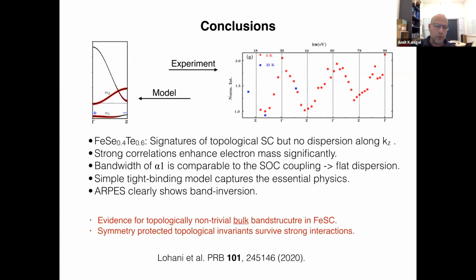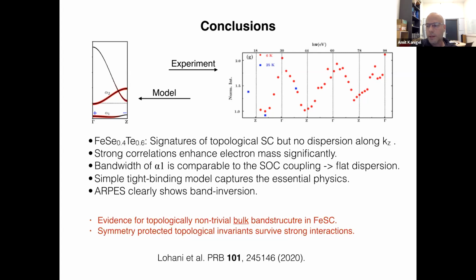Just to conclude, using RPES, we can reconcile some of these seemingly contradicting facts. Indeed, there is a very strong signature of topological superconductivity in this material, but the DFT is too simple to explain the situation.